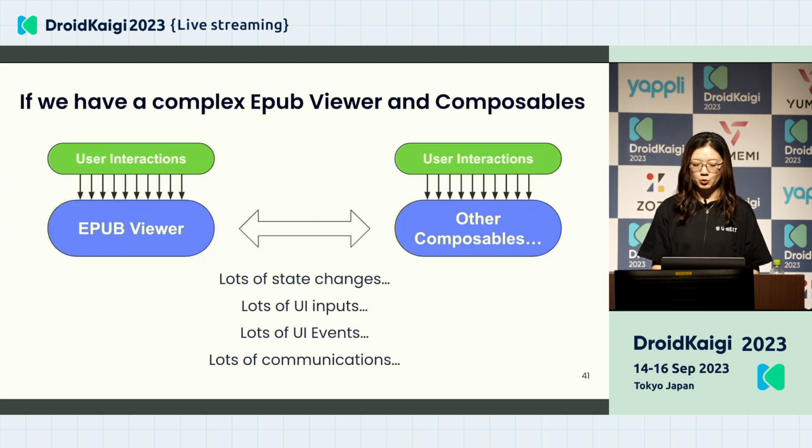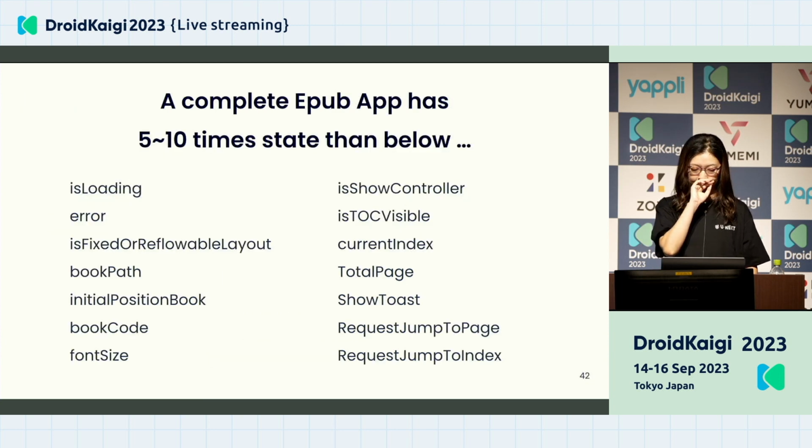Then let's return to the question: how to handle state if we have a complex Epub viewer and several composables connecting with it. These UI elements involve plenty of user interactions, of course, which need lots of state handling inside. To understand the scale of state management in this situation, I list part of the state currently on the screen.